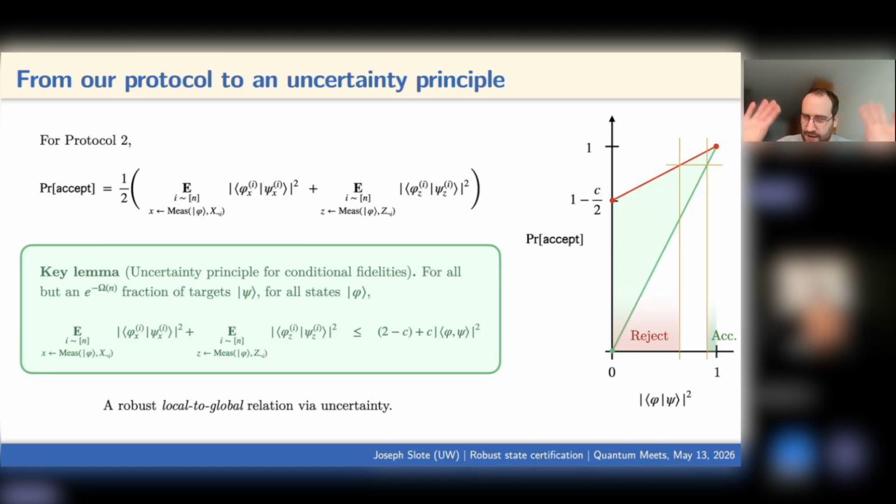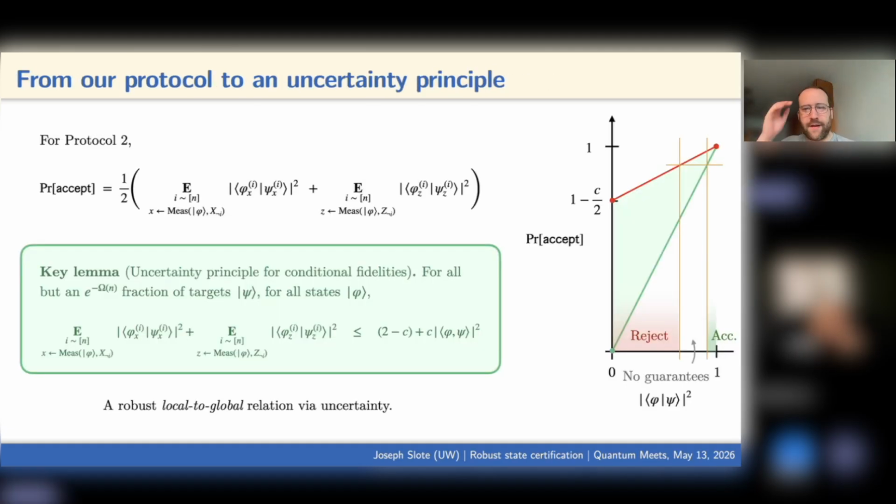So this is where you get robustness from this linear function here. And so kind of the whole analysis reduces to proving this uncertainty principle. And of course we get no guarantees in the middle.